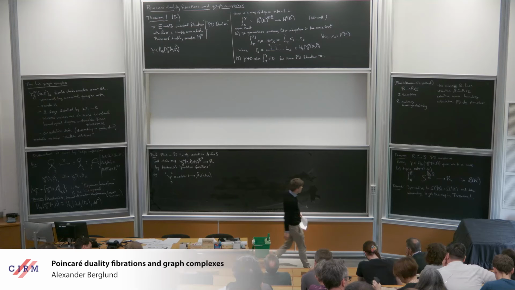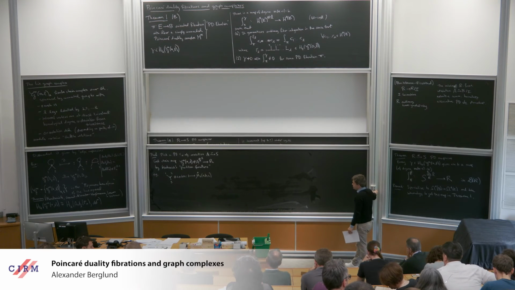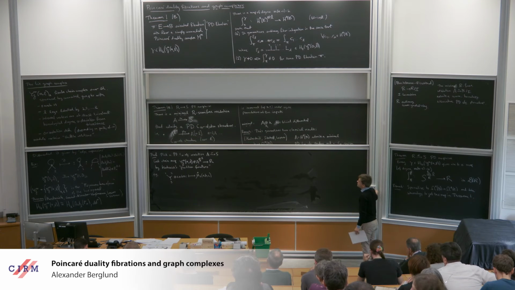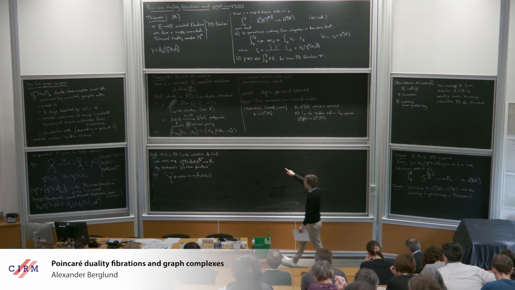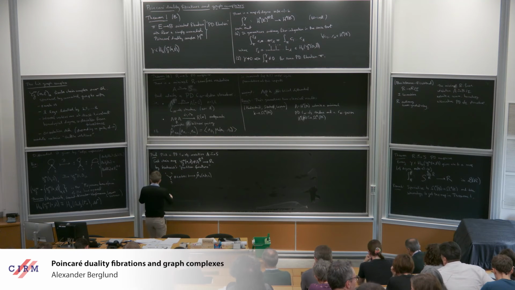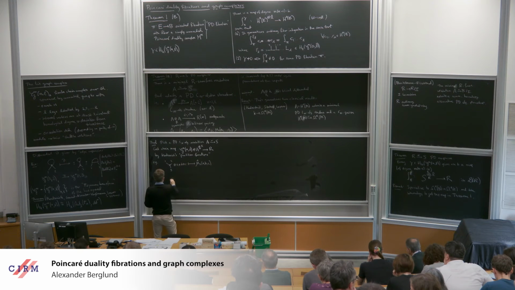Let's see them back here. I hope they're still here. Yes. So I use these operations. And when you have more complicated graphs, let me just do one simple example to get the idea.